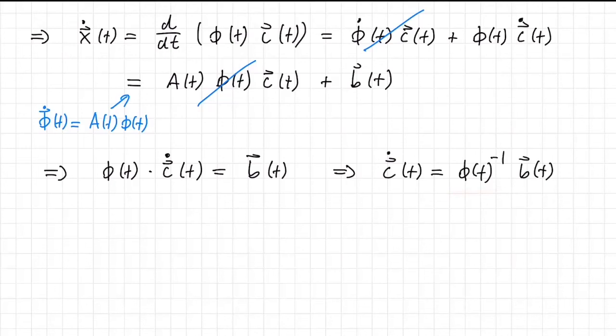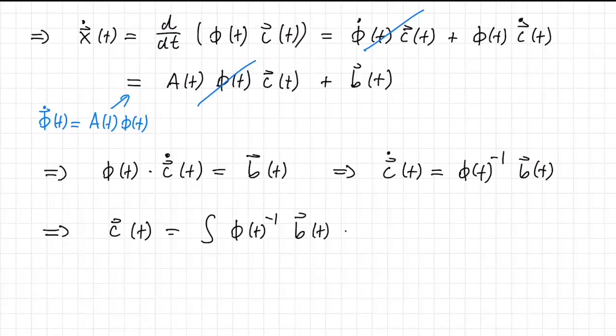And then, of course, we can also easily integrate this equation because this is just the first order differential equation again. So we just get c of t equals the integral of phi of t to the minus 1 times b of t dt.